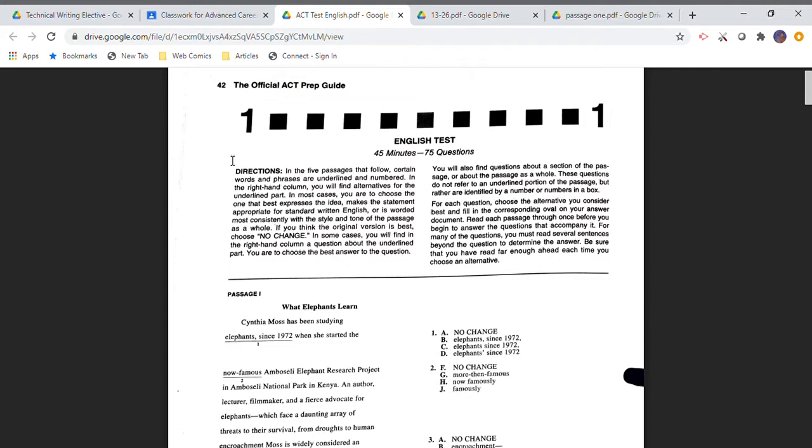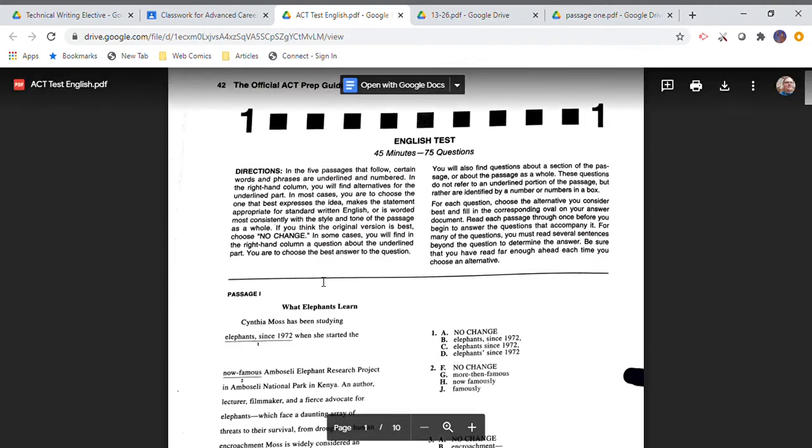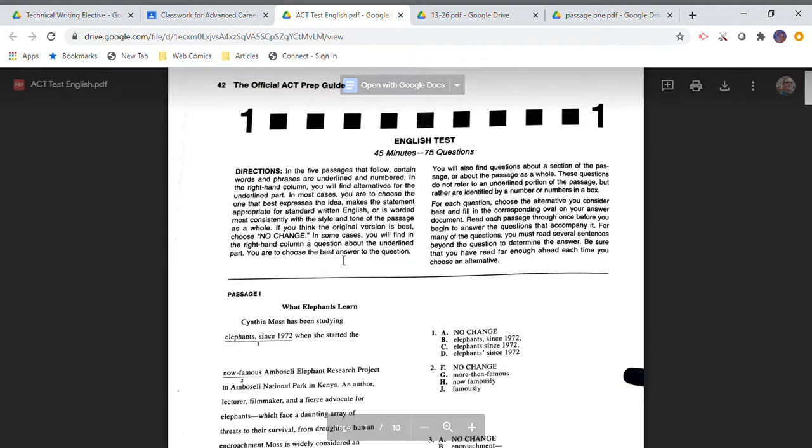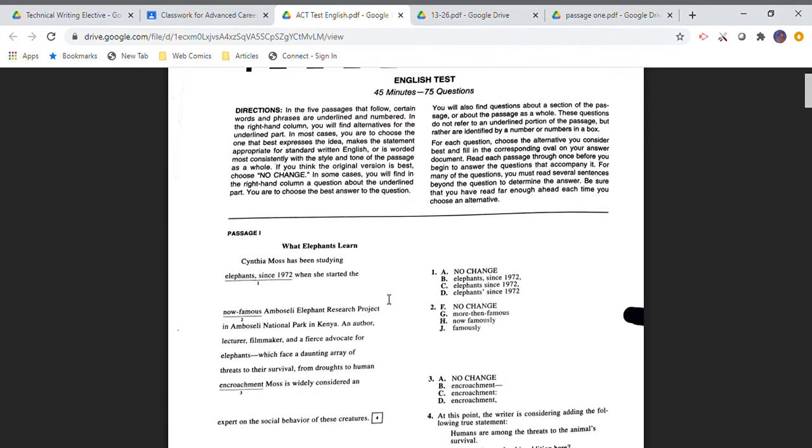In some cases, you will find in the right-hand column a question about the underlined part. You are to choose the best answer to the question. See, they say the best answer because they're kind of tricky, and at some points they'll have like A and C are both good answers, and you have to find which one is better. You will also find questions about a section of the passage or about the passage as a whole.